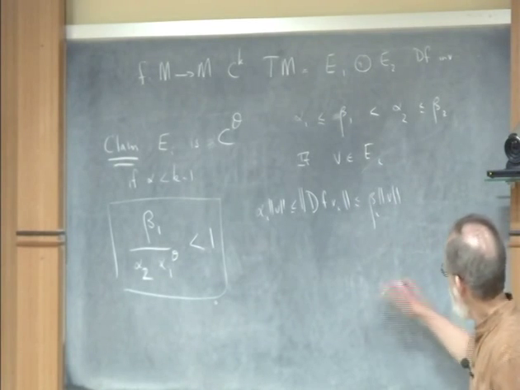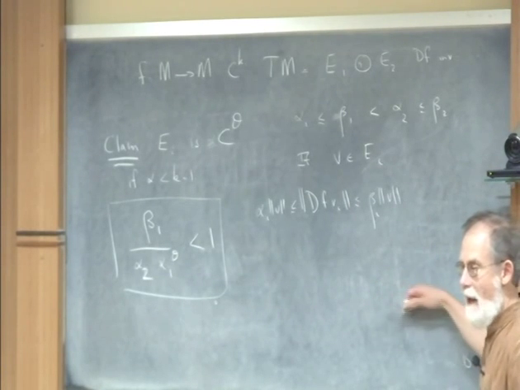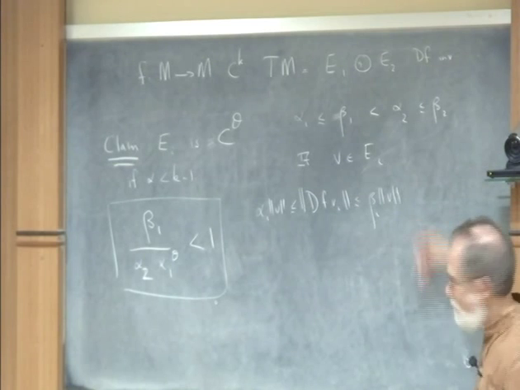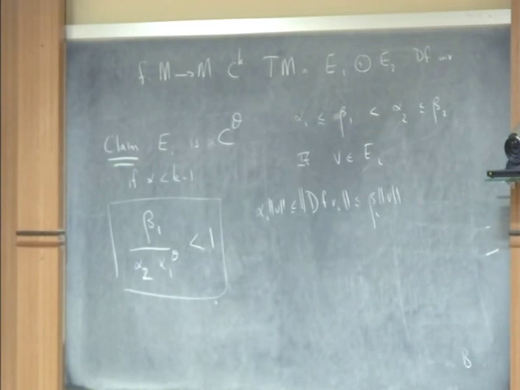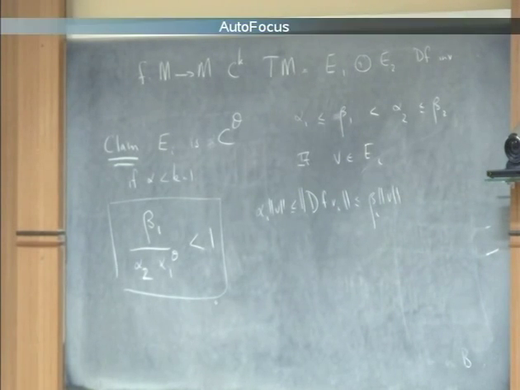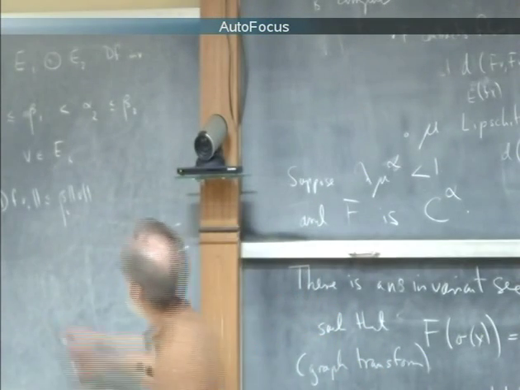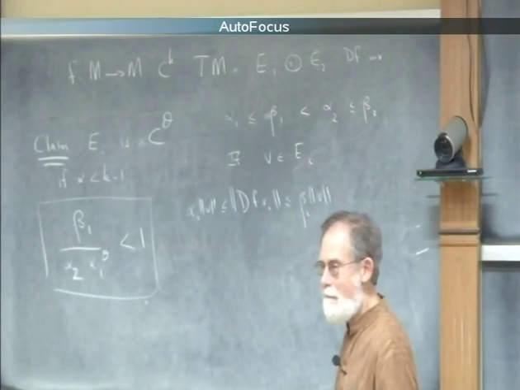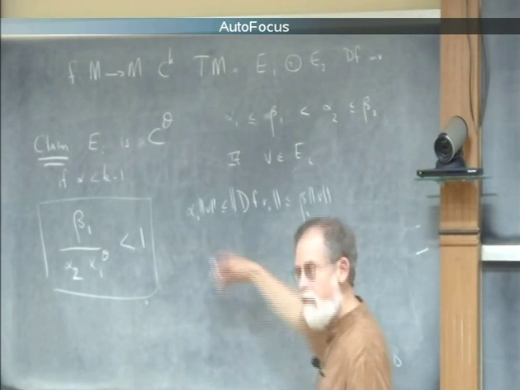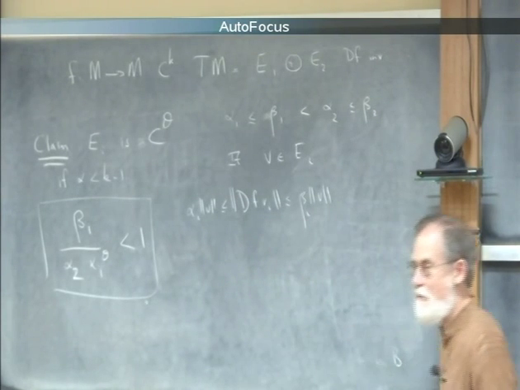But if you introduce coordinates that do that, something circular will be going on, because the coordinates will be as smooth as this splitting, and we're trying to find out how smooth the splitting is.